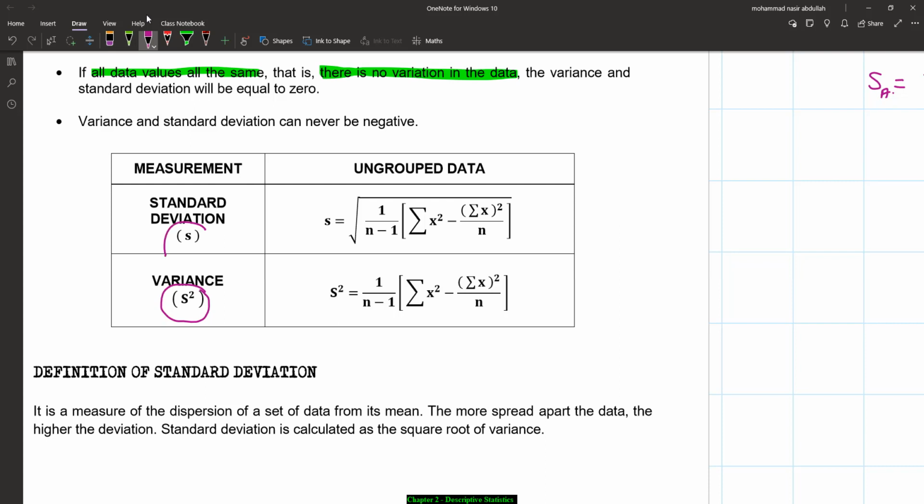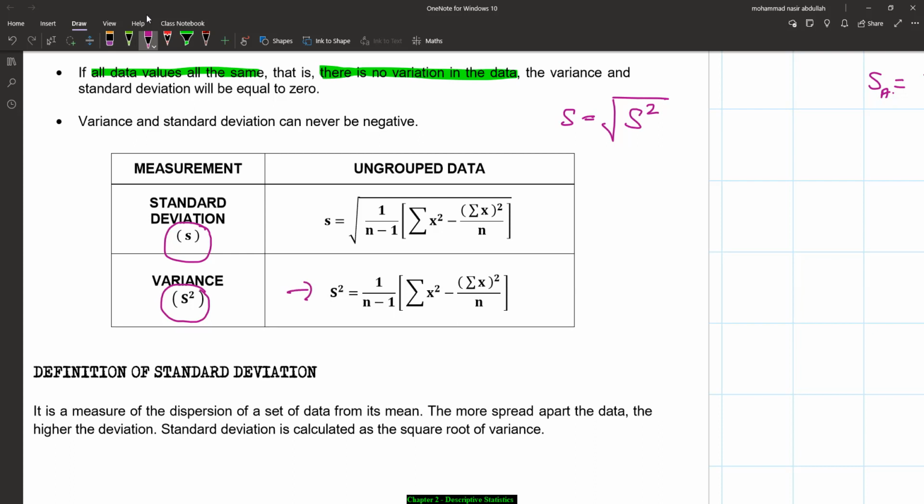And look into the symbol for standard deviation, just S. Means that if you want to get S, you just need to square root of S square. Right? Boleh faham tak? If you want to get S, you just need to take the surd of S square. So it will get S lah, sama juga.